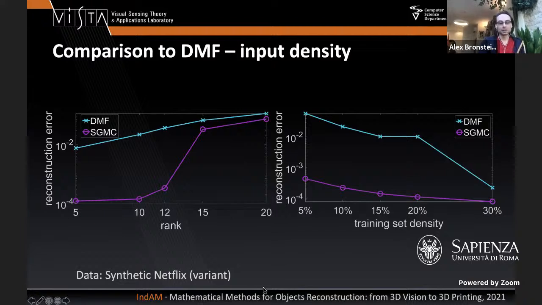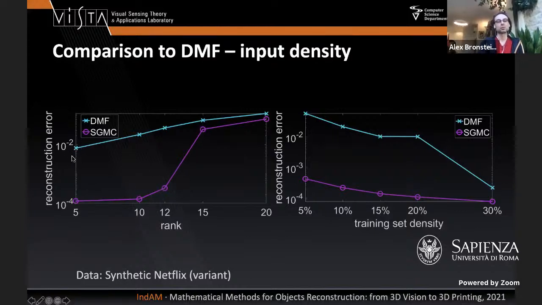When we have a matrix of decreasing rank, the lower the rank, the easier the problem, the fewer degrees of freedom we have. You see a comparison between DMF and the vanilla SGMC version without zoom out loss. When the matrix becomes low rank, the SGMC completion error drops significantly.